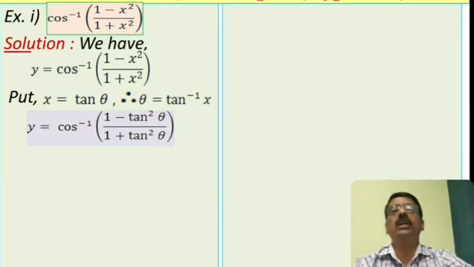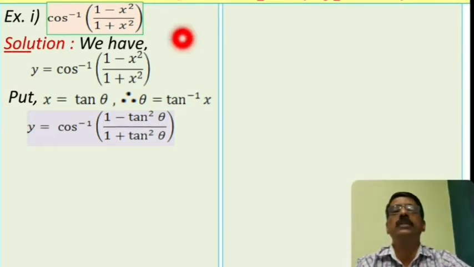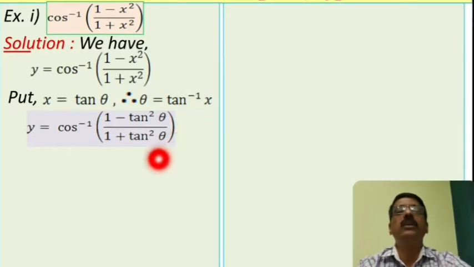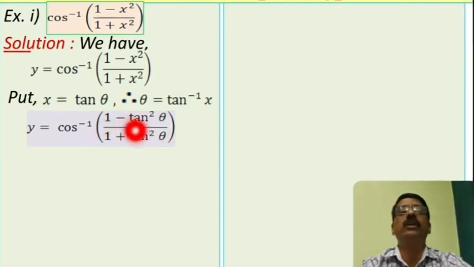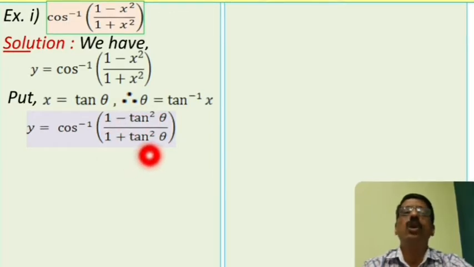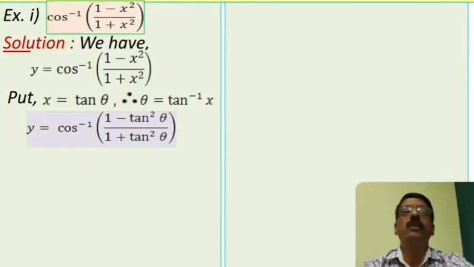Now the f of x in the given function has to be converted into a trigonometric function. If the given function outside the bracket is a cos inverse, then we have to convert the inside into cos of something.